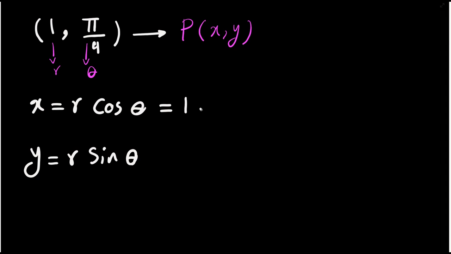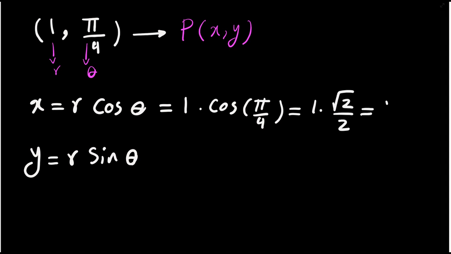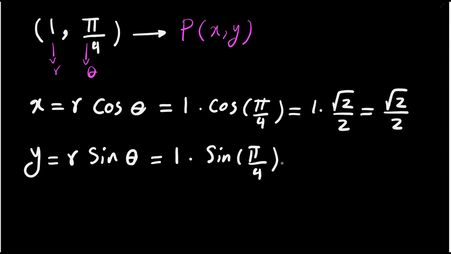x is 1 times cosine of pi over 4. Cosine of pi over 4 is the square root of 2 over 2. And y is 1 times sine of pi over 4. Sine of pi over 4 again is the square root of 2 over 2.